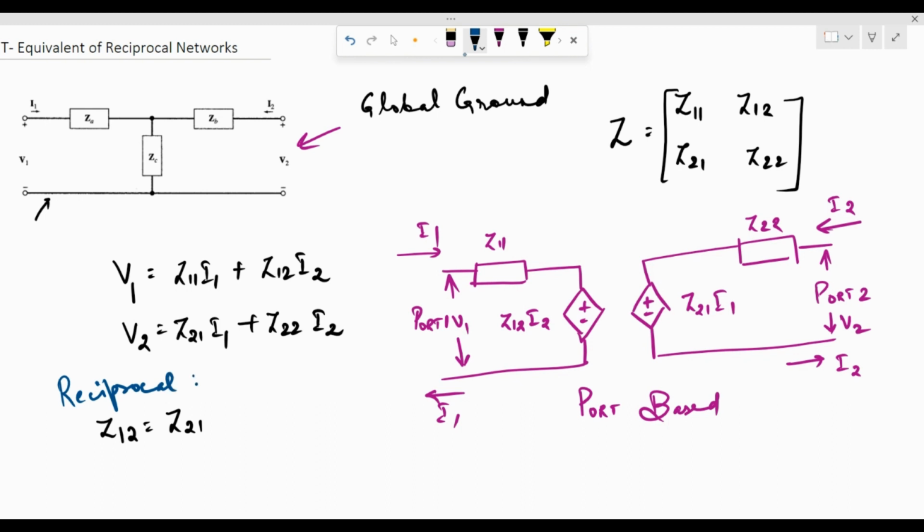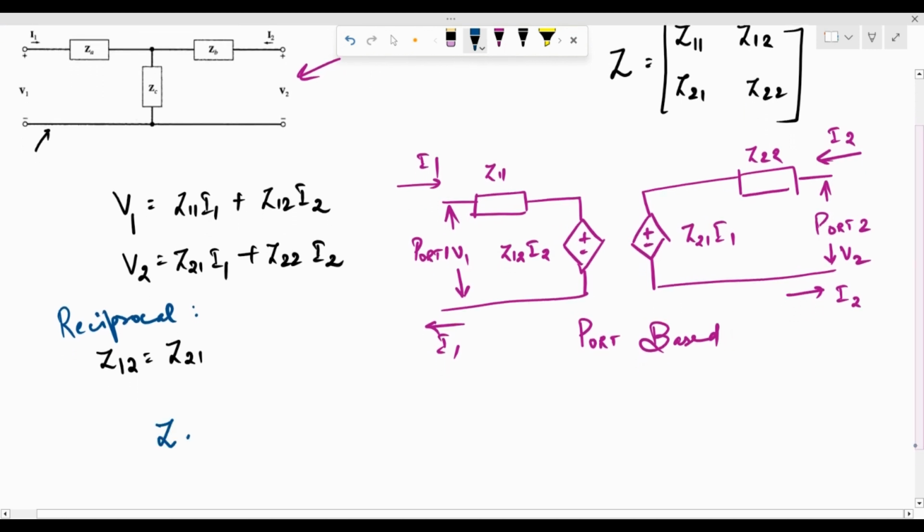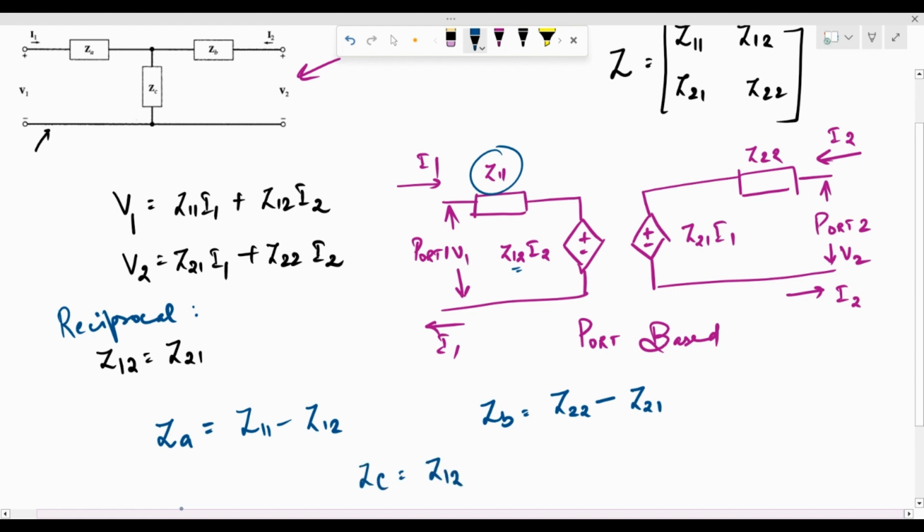Then we get the expression for ZA as Z11 minus Z12, ZB would be Z22 minus Z21, and ZC is going to be Z12, which is also equal to Z21, because this is the T equivalent of a reciprocal network.